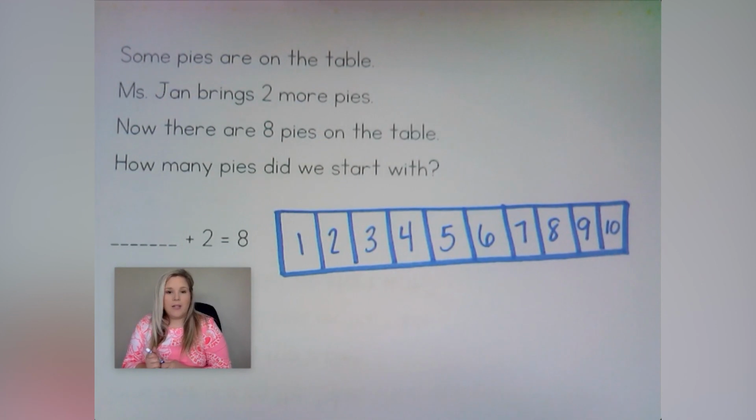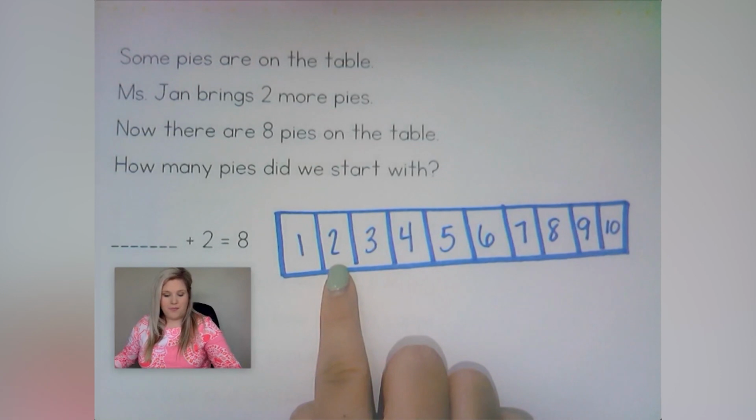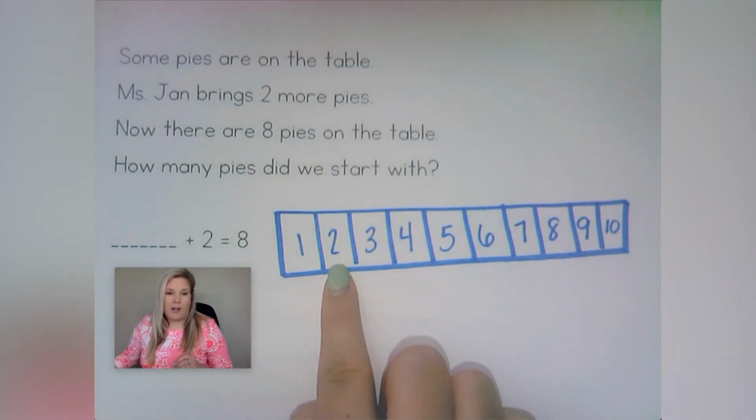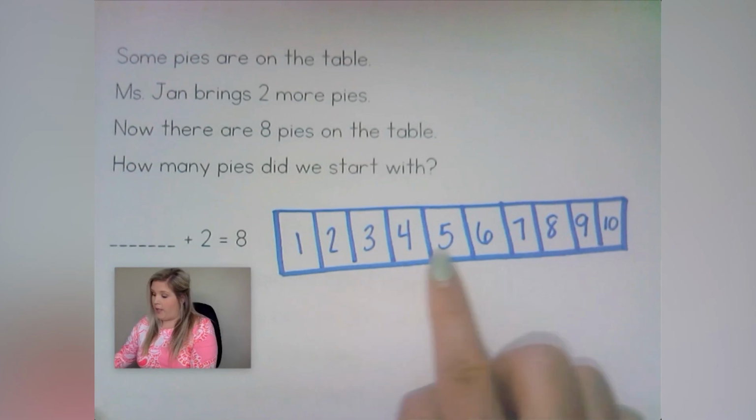I am going to start on my number path at 2. Next, I am going to count until I have 8 in all. So I'm going to stop at the number 8.